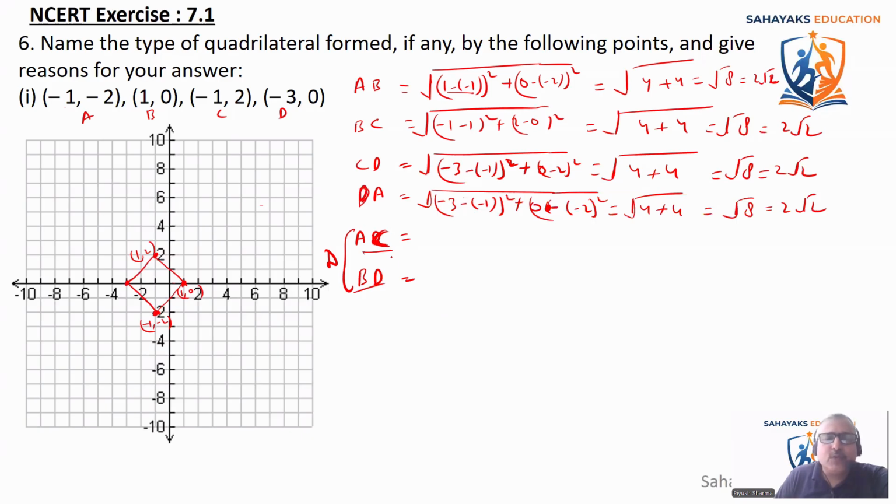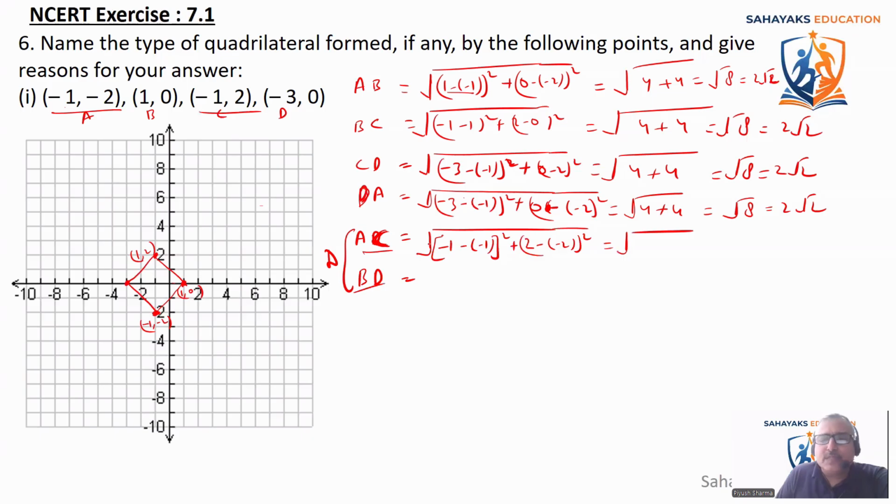So AC should be equal to BD. Let's find AC. AC is equal to square root of (-1 minus -1) whole square plus (2 minus -2) whole square.